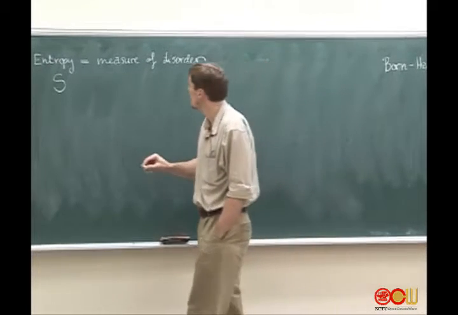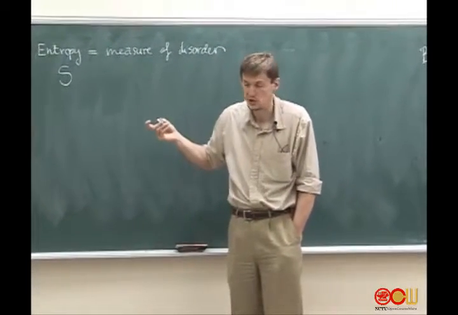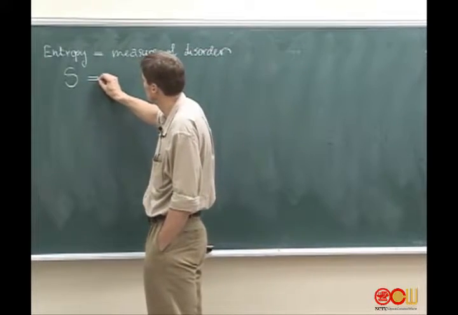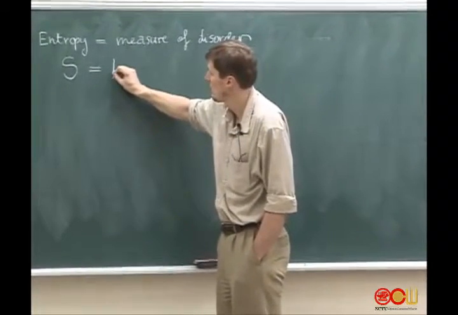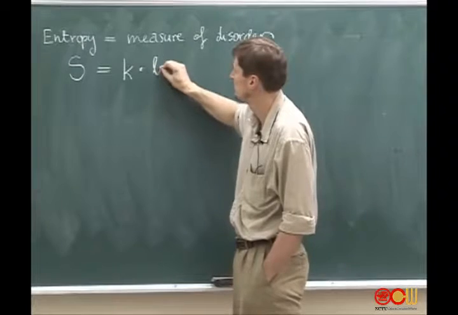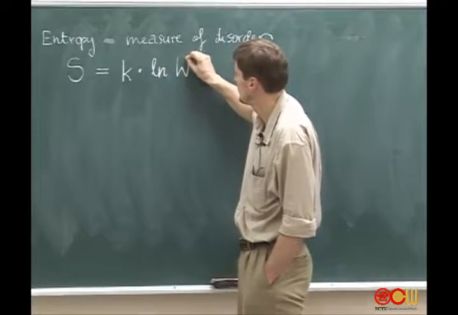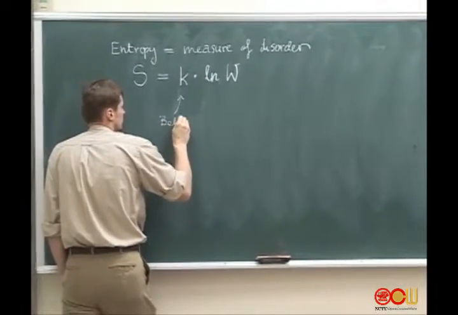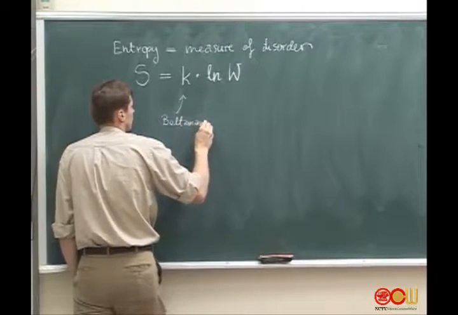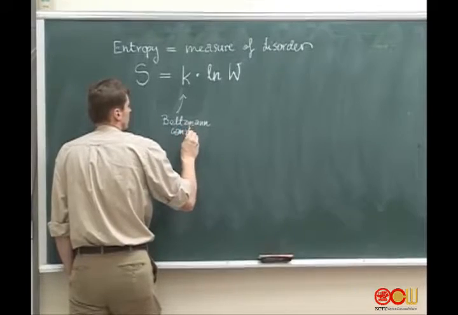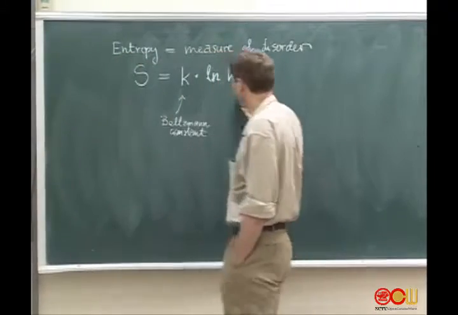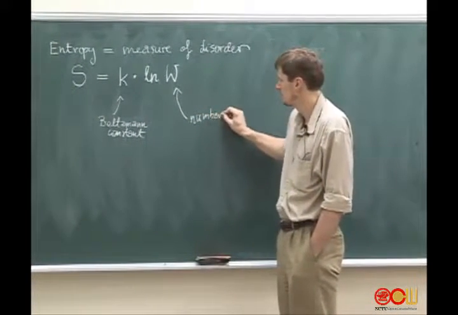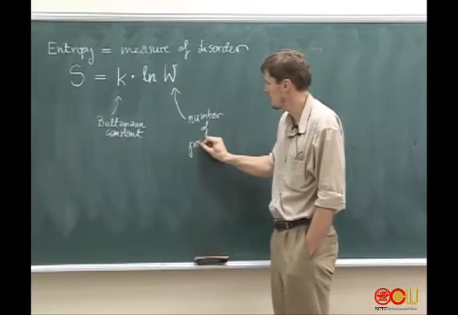in the molecular case. So instead of saying it's a measure of disorder, which is a nice sentence but doesn't mean much, I will try to give you another definition as a mathematician, which would be S = k ln W, where k is the Boltzmann constant and W is the number of possible states of a system.